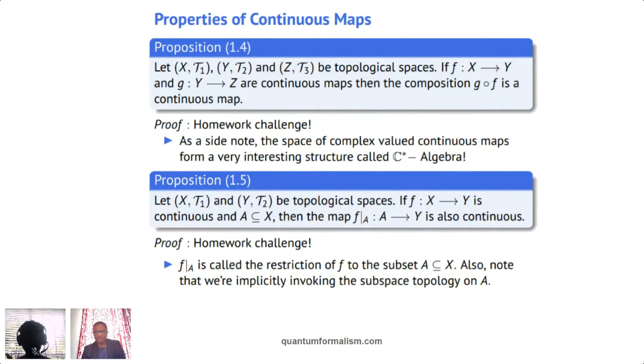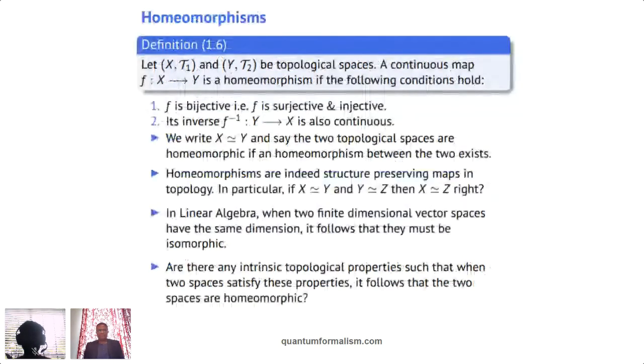Another important notion built on top of continuous maps, since topology is all about continuity, is that of homeomorphisms. And this is not the end of it. We will come back to this once we get to the metric topology and also to manifolds. But at the moment, because we are in general topology, we'll give the abstract definition.